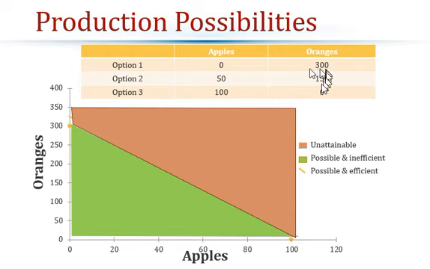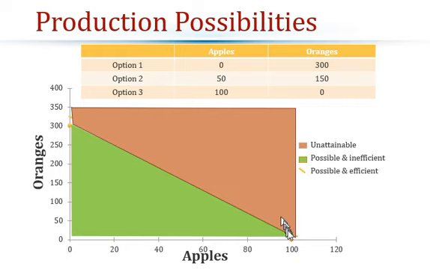So if we took that information and plotted each one of these option points on this graph, if we have 0 apples, so we're at the origin here, but we get 300 oranges, that's going to be the point where the two different colors intersect up here.